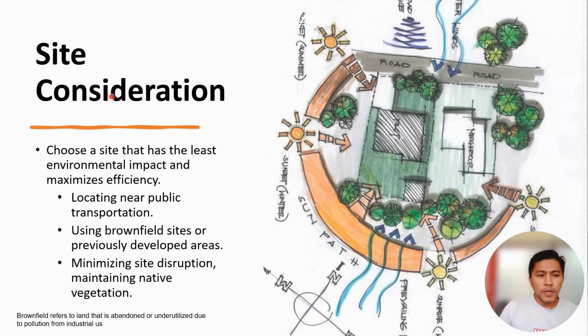So now let's talk about site consideration in the construction of a green building. We need to choose a site that has the least environmental impact and maximizes efficiency. Site consideration in eco-design refers to the selection and analysis of a site based on its environmental, social, and economic attributes.